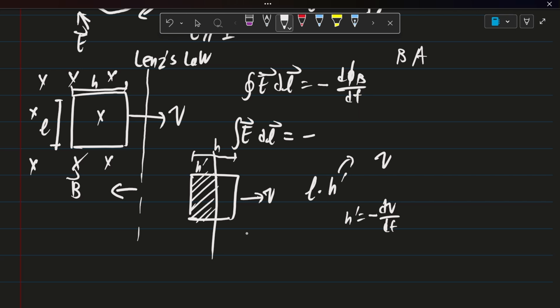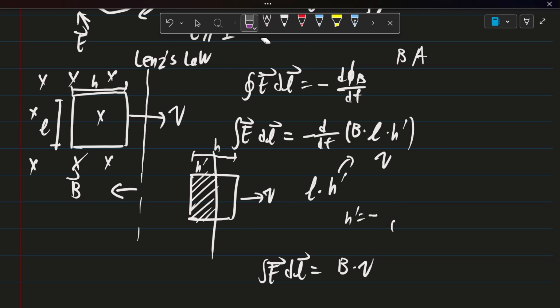So we can write this as the negative d over dt of B multiplied by the area. Because everything is perpendicular, we don't need to write the cosine or sine of anything. So it's the area, which is the length, multiplied by H prime. And luckily with this relation, we obtain that this integral of E vector dot dl vector equals B times V. Oh, sorry, this is the wrong way. So it's this d over dt.